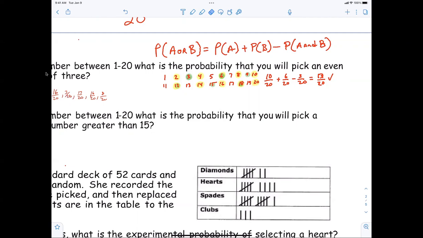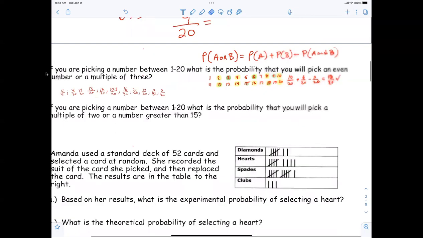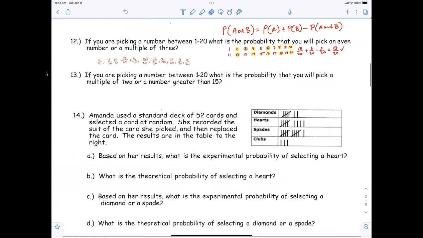Event B is having a multiple of 3. There's something called mutually exclusive we can talk about too, but we're not going to do that right now. There's lots of cool things I can show you about probability, but we're focusing on the basics.